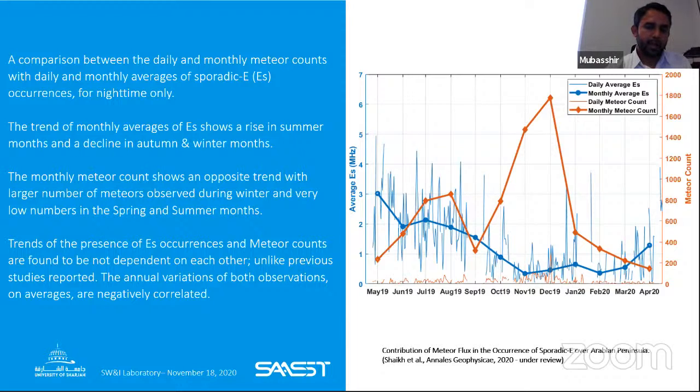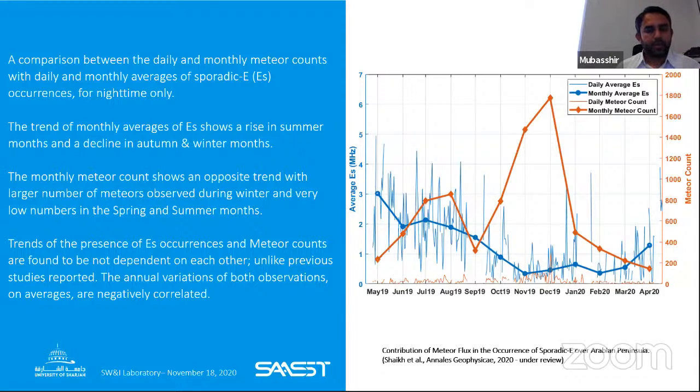So the brown line here has only 12 data points, averaging the number of meteors counted by the MMN network. I took the data from them. The blue line is the average sporadic E intensity, in megahertz, the frequency. On the left axis you see the blue axis, and on the right vertical axis you see the brown axis. The meteor counts are done by the MMN network, and we took the data from them directly. They are the visual counts of the meteors.